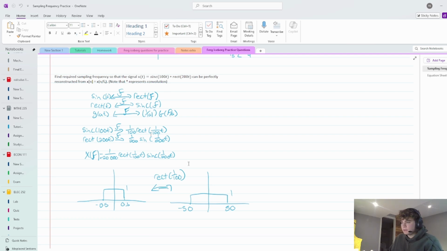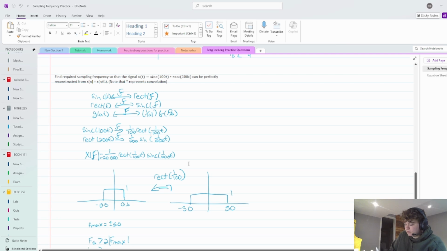So because the entire function is basically limited by this frequency, you know that the f max is equal to plus or minus 50. And using this, you can solve for the sampling frequency, which once again has to be more than 2 f max.